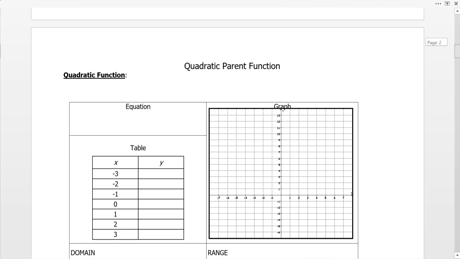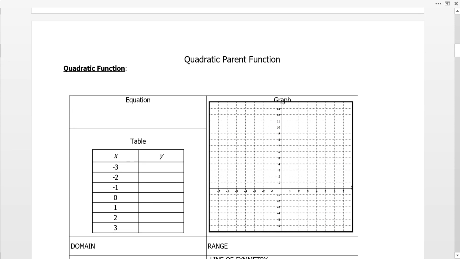So let's get started. All right, quadratic parent function. If you'll remember when we did linear parent function, there was one parent function and one parent function only for any line, and that was y equals x, or sometimes we said f of x equals x.